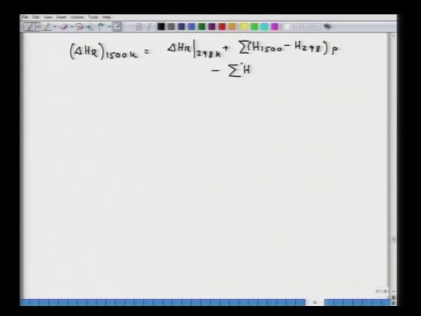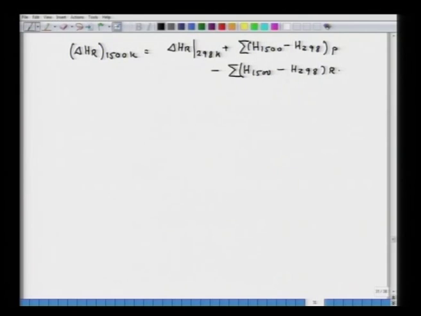Now, at 1500 Kelvin, what we have to do is delta HR 298 Kelvin plus sigma H 1500 minus H 298 for products minus H 1500 minus H 298 for reactants.